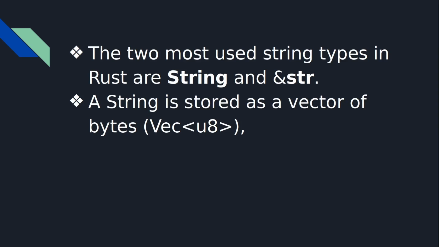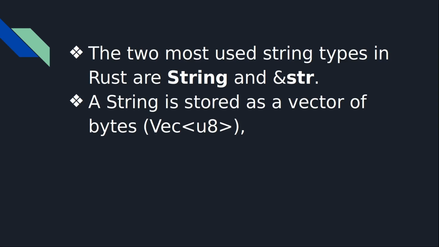But we need to know that a string is stored as a vector of bytes in Rust, and we'll look at vectors as containers or data structures in Rust. Specifically, the vector that is holding the string is the Vec<u8>.